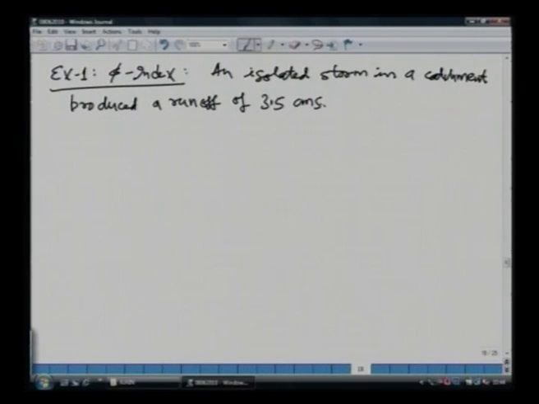So, the runoff is given to us. Also, the data that is given to us is the mass curve of the average rainfall.